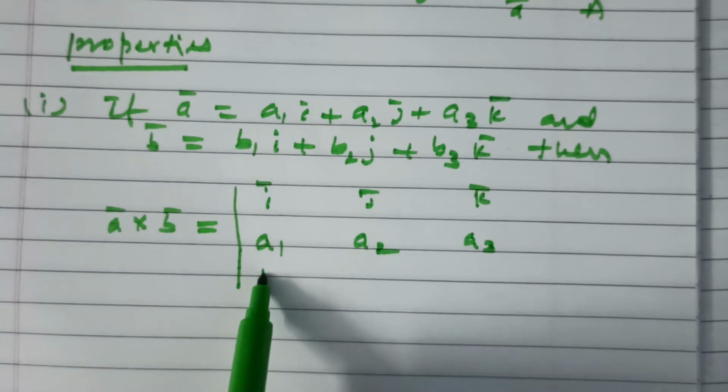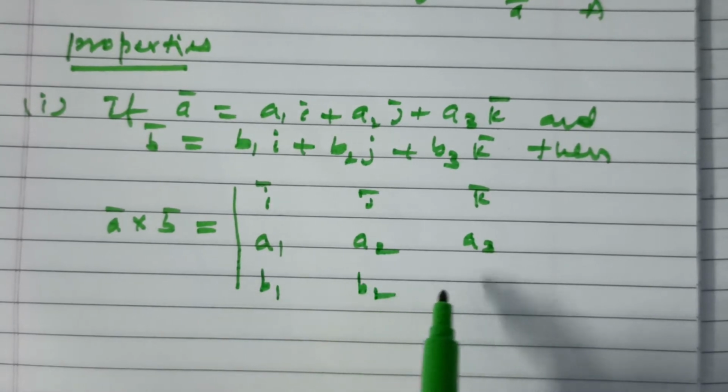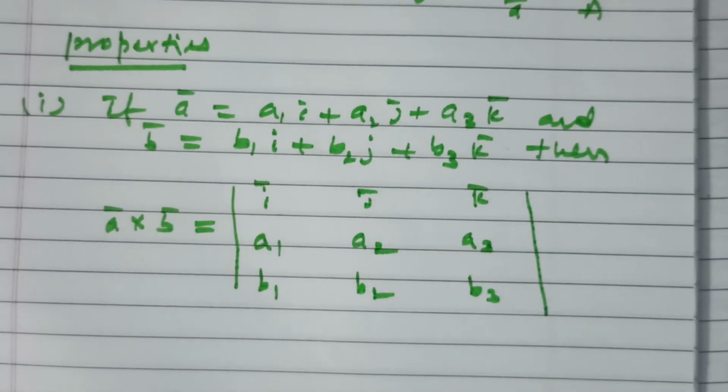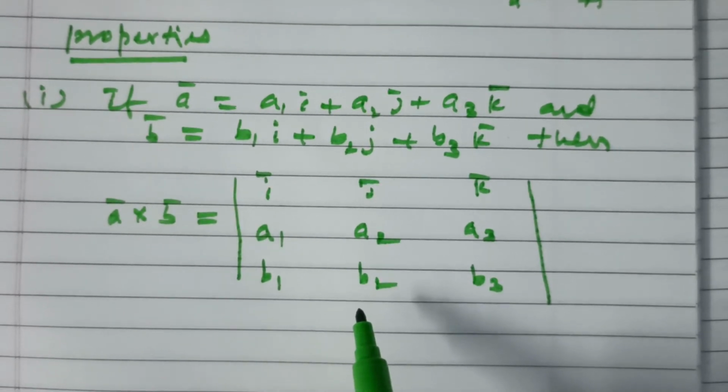Next, third row B1 B2 B3, which are the coefficients of I bar J bar K bar in B bar.